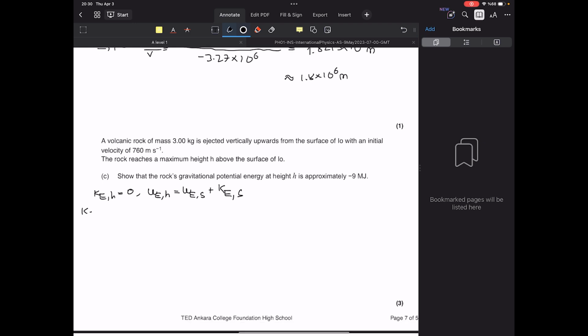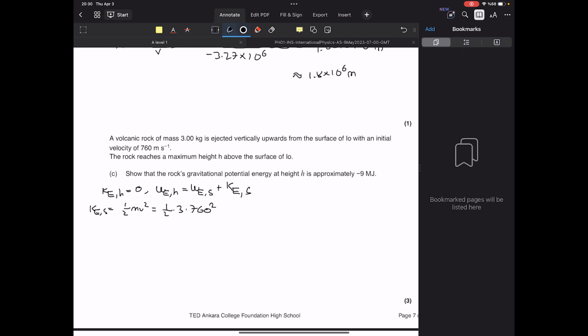The kinetic energy at the surface is 1/2 mv squared, which is 1/2 times 3 times 760 squared. That will give us 866,400 joules.